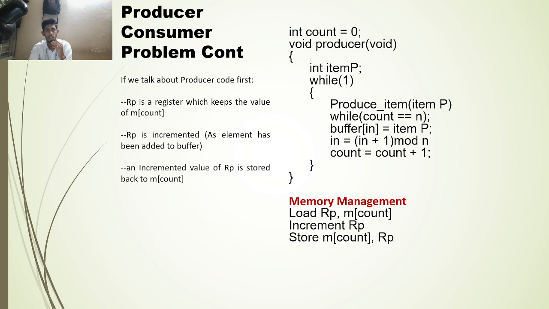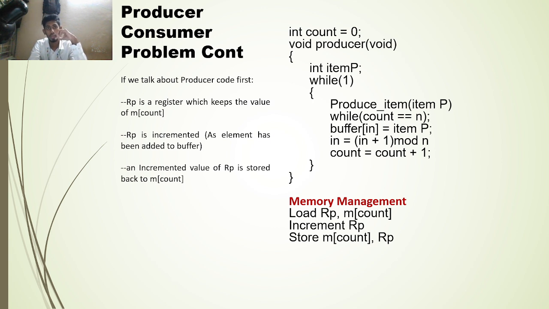Here we have the code and the explanation of the code. Here we have the producer-consumer problem with count. The code is written in C++. Let me show you the details of the code and its application.